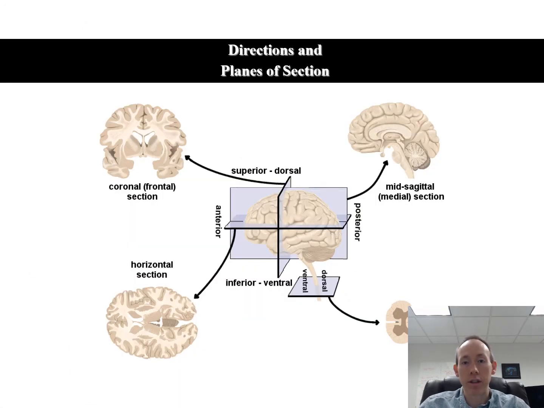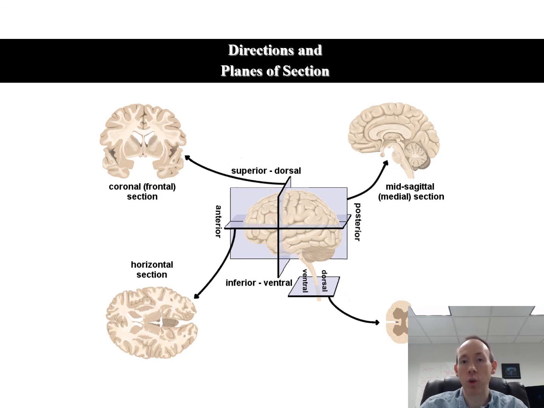So our first introduction is understanding our different planes and directions in the brain. We have directions: superior or dorsal, inferior or ventral, posterior or caudal, anterior or rostral. And those are our primary directions. They're shifted in the brainstem. In the brainstem, dorsal is toward the back.